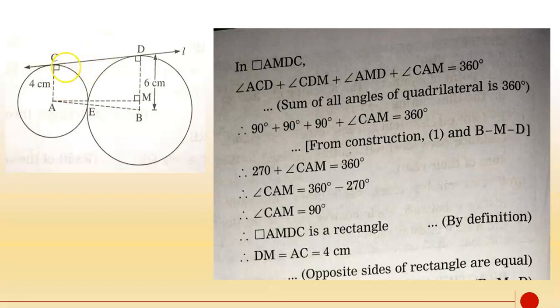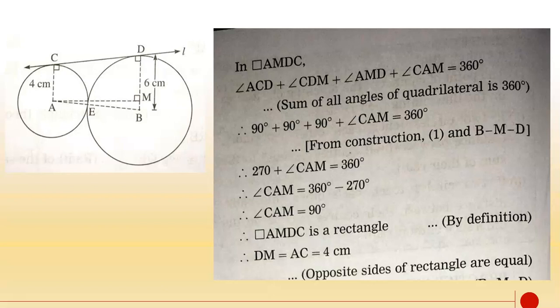From here I know that this angle and this angle are all 90 degrees. So I substitute the values and I get 270 degrees plus angle CAM is equal to 360 degrees. From here I get the value of angle CAM as 90 degrees.